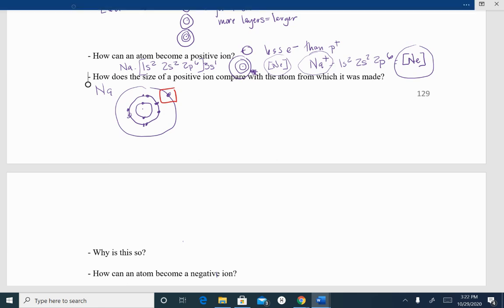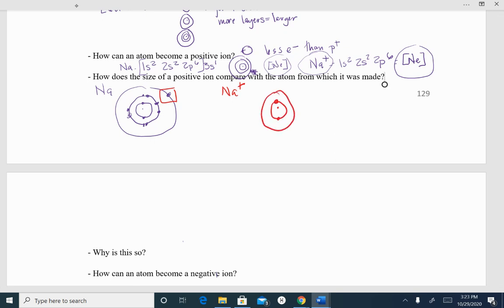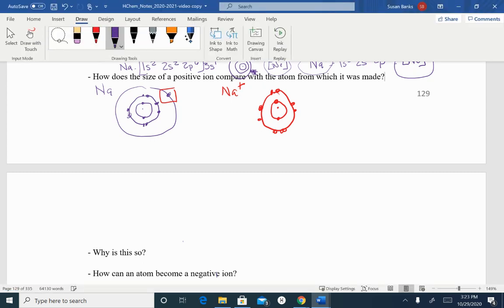If I look at sodium as a positive ion, I will have my nucleus right here, and my 1s electrons and my 2s and 2p electrons. Let's look at these together.